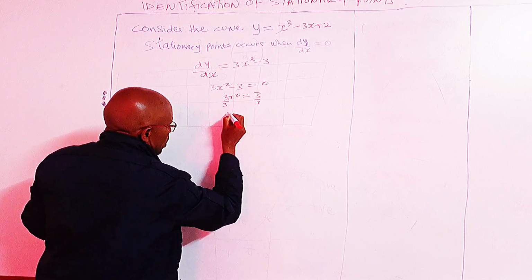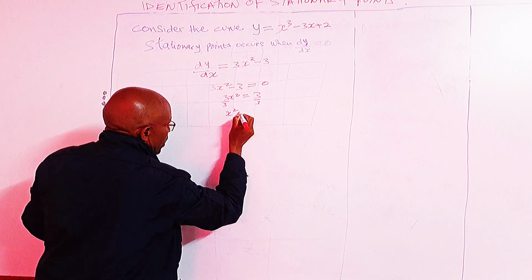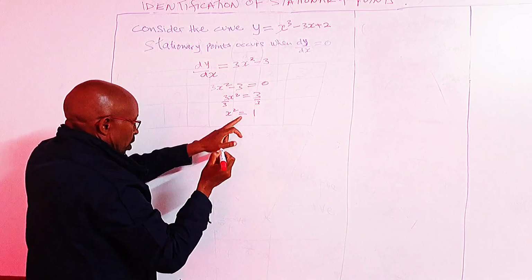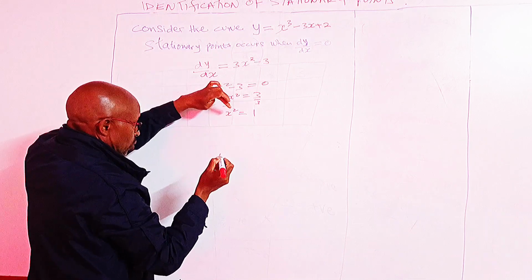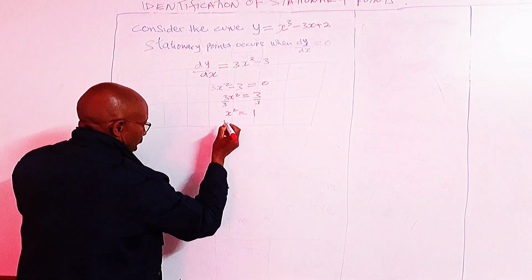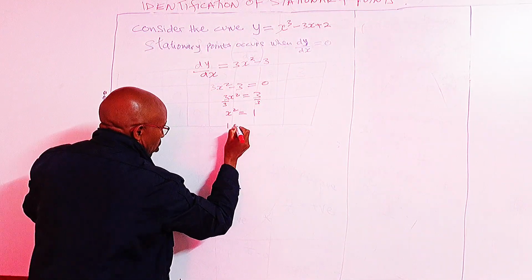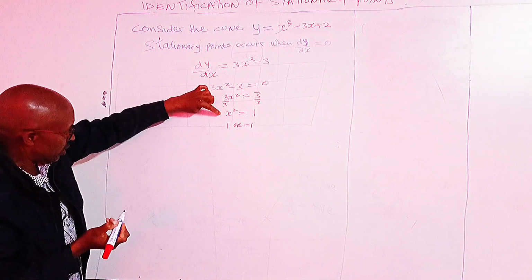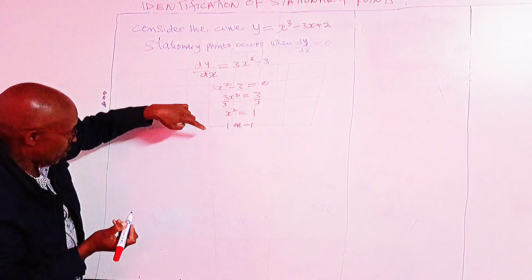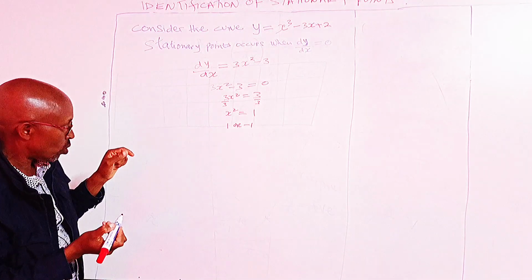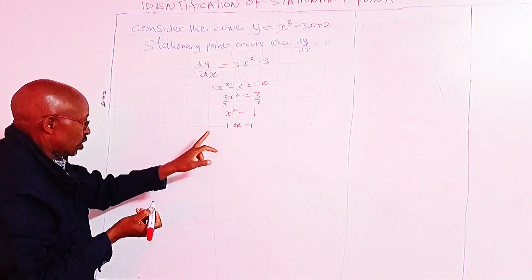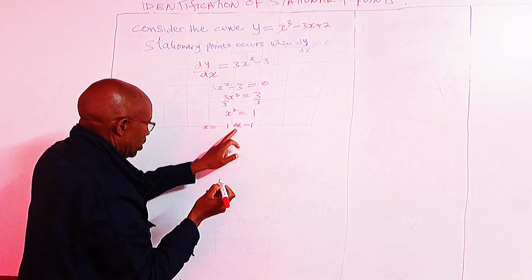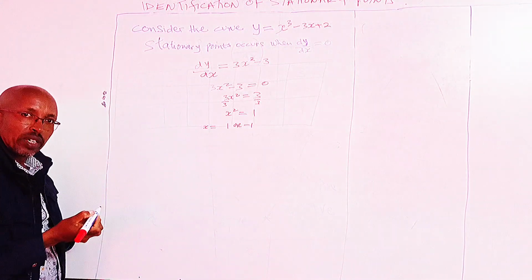We'll have x squared is equal to 1, meaning that we have two possibilities. x can be equal to 1 or negative 1, because negative 1 squared is equal to 1 and 1 squared is equal to 1. Therefore, the values of x are negative 1 or positive 1.